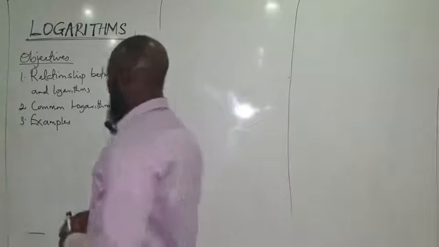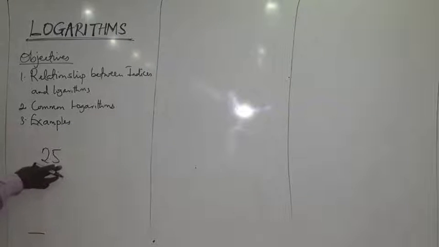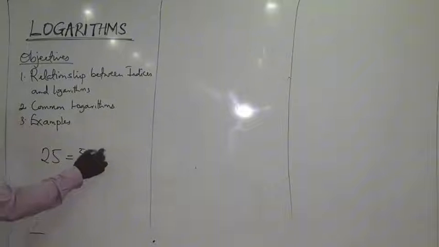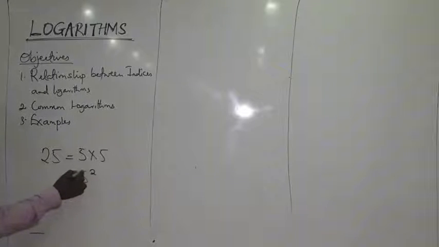Now, if you recall, when we were looking at indices, we talked about this. For example, you have 25. You want to write this 25 in index form. So 25 means 5 times 5, which is equal to 5 raised to power 2.